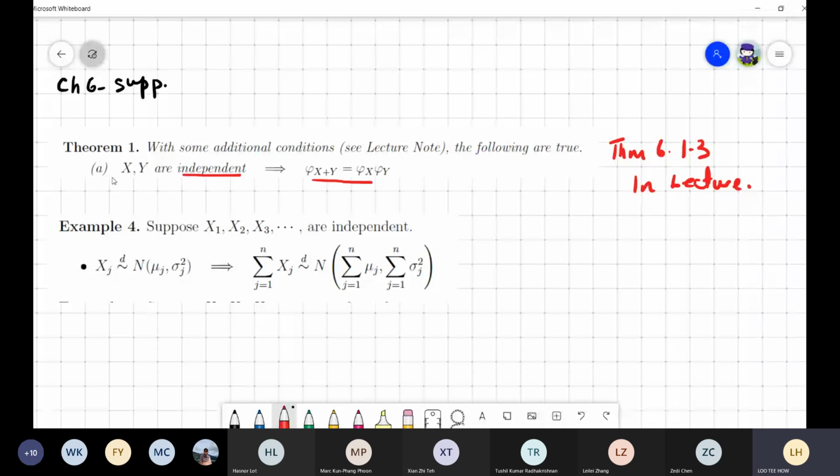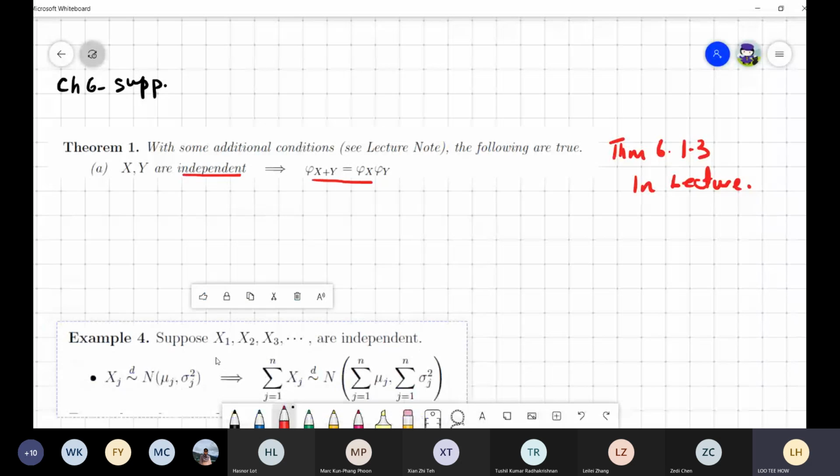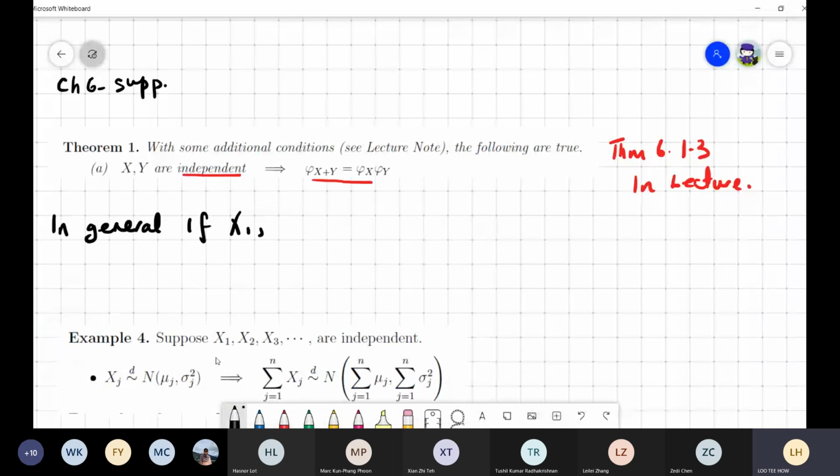This is for two random variables. In general, if x1, x2 up to xn are independent, then we have this.